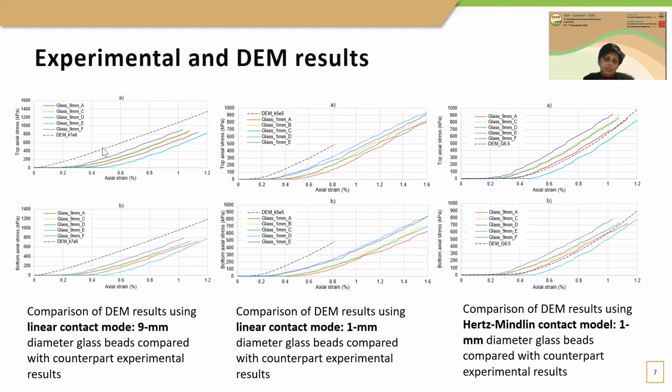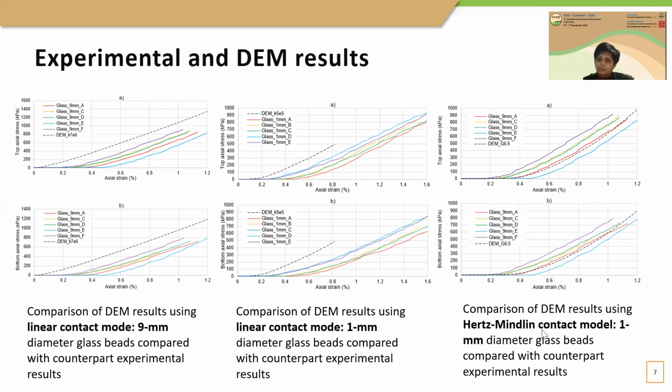So we changed our parameters until we obtained the same gradient we obtained from the experimental results. These plots compare the results between the experimental and numerical simulations for different particle sizes and using different approaches.